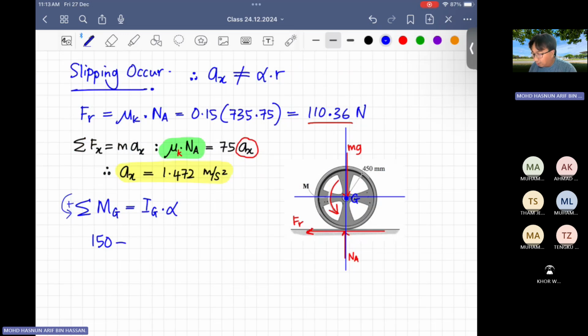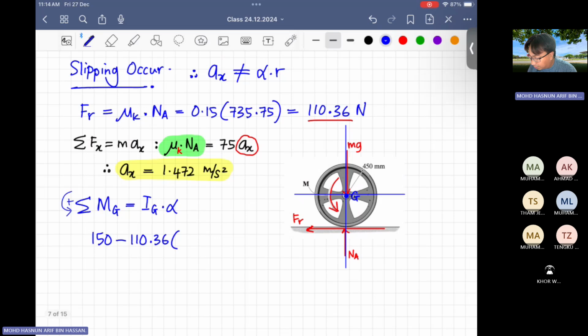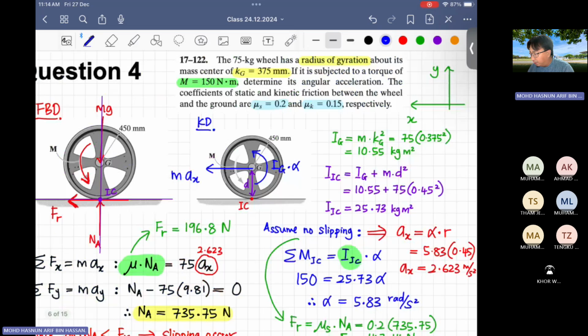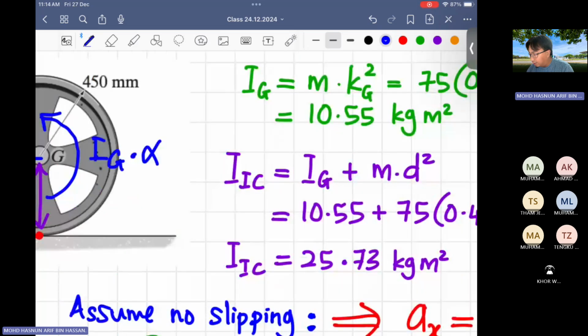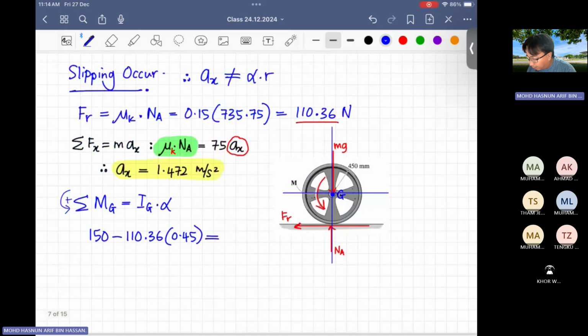So minus, we have the value of friction already, 110.36. Then you multiply with the radius, which is 0.45, is equal to IG. We have determined the value of IG here, which is 10.55, right? So we write here 10.55 and then alpha.